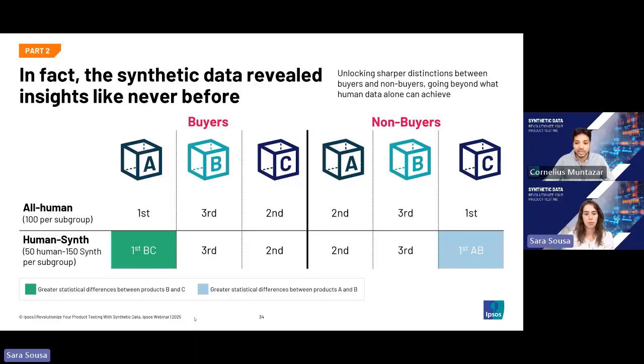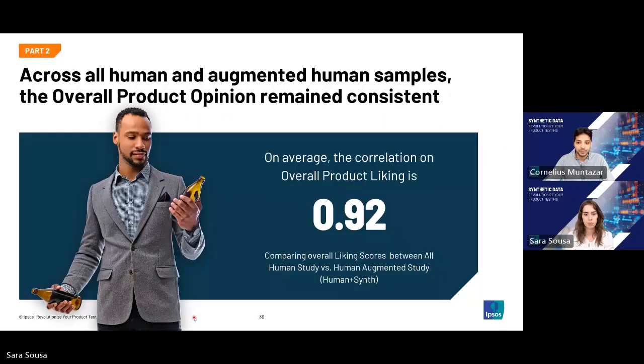This ability to amplify subgroups allows for sharper and more concrete decision making. Across all of the cases that we explored, overall product opinion remained consistent. We observed a strong correlation of 0.92 between the all human and all human augmented studies, regardless of differences in the data.